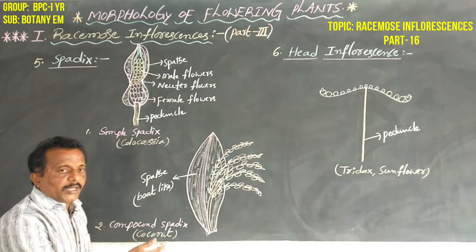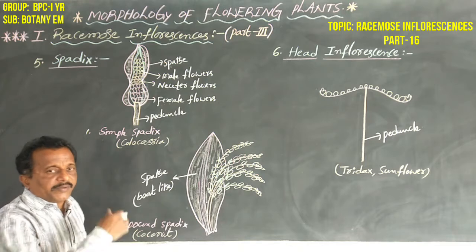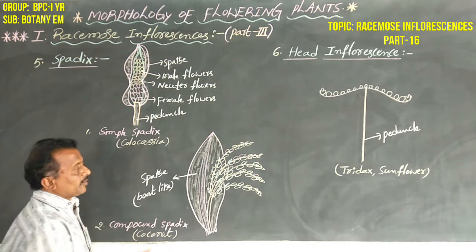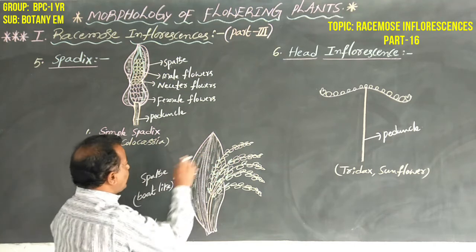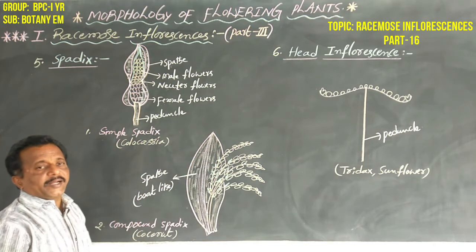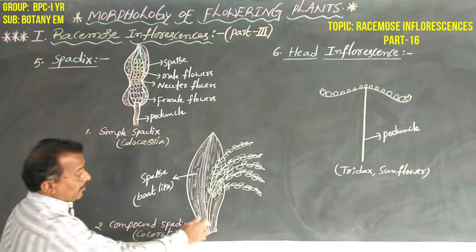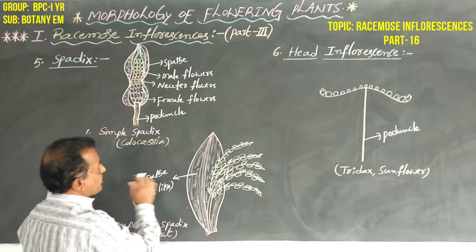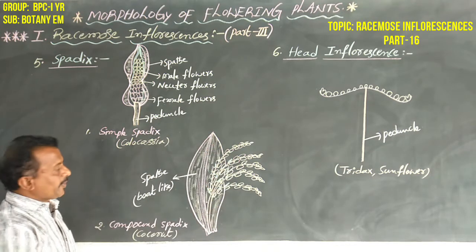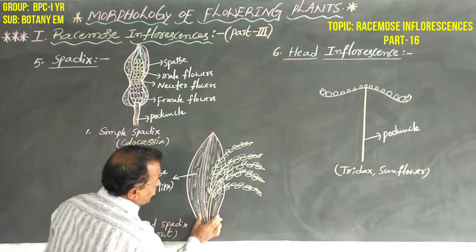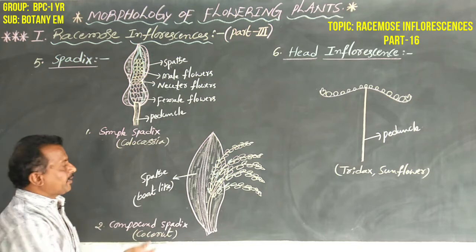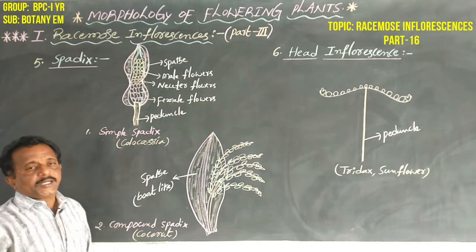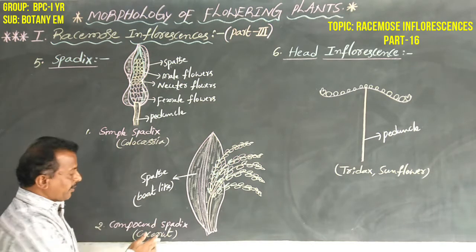So Musa or coconut flowers are covered and protected by one long, thin, boat-like modified bract, called the spathe. The boat-like structure of the spathe is seen in Musa and especially in coconut.